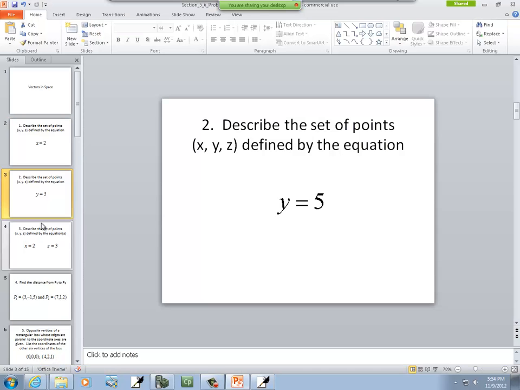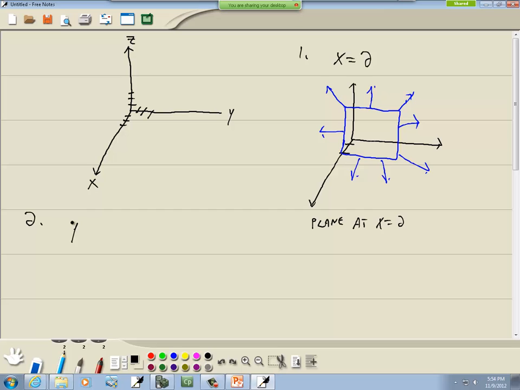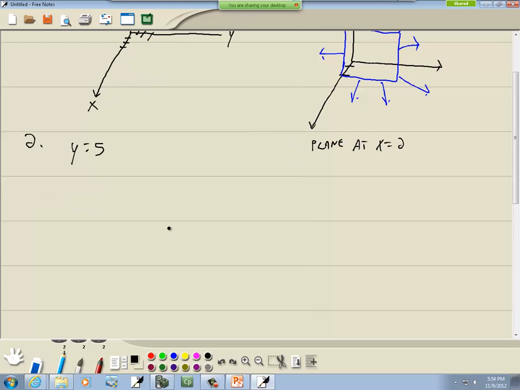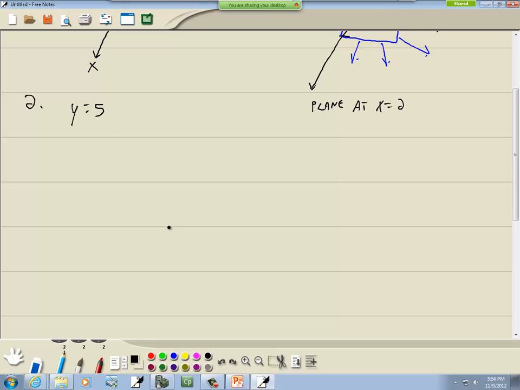Now our next one. Got y is equal to 5. Let me kind of sketch this. I'm not the greatest at sketching 3D, so you have to use your imagination on these. Okay, y is equal to 5. 1, 2, 3, 4, 5.